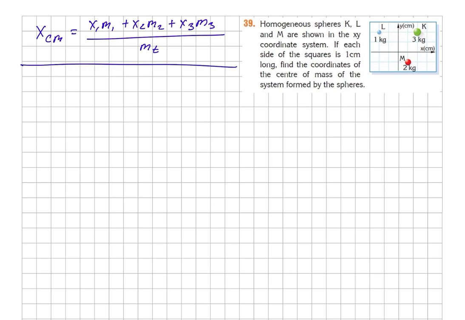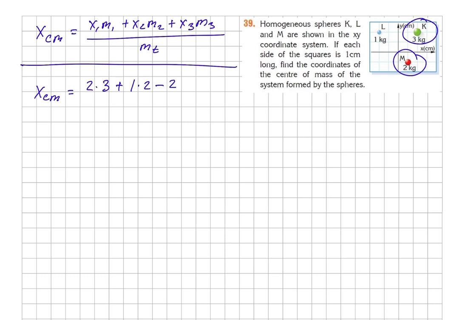And this formula is the same for the y coordinate. Let's solve it. X1, let's say it is K, we have a distance of 2 times 3 kilograms plus M, which is 1 centimeter away, multiplied by 2 kilograms, and I subtract the last one because it's on the negative side.